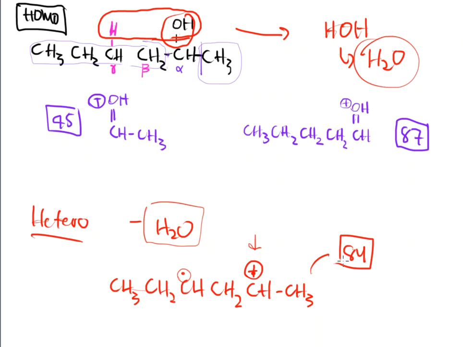Now, the reason that I'm making such a big deal about the water is because this is a very quick way to determine if we did have an alcohol functional group or not. The total molecular weight here was about 102, and then we would see a peak at 84. And if we subtract these, this would give us a difference of 18. That 18 is very specific. It's like the number 15.